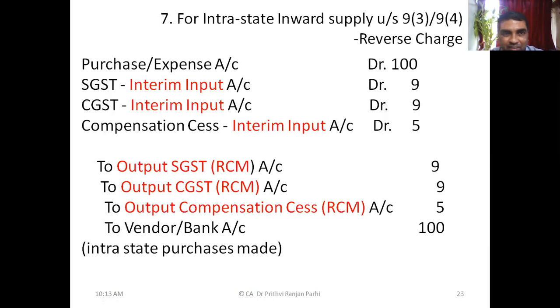So 100 rupees you have to pay to the vendor for purchases or expenses, and this much money you have to deposit, 9, 9 and 5 cess if applicable. When it is applicable, you take an interim input credit first of all. I will tell you how it will be converted into final input credit.